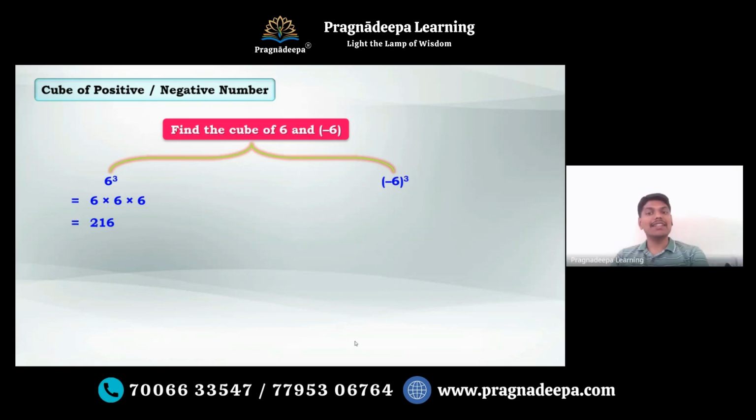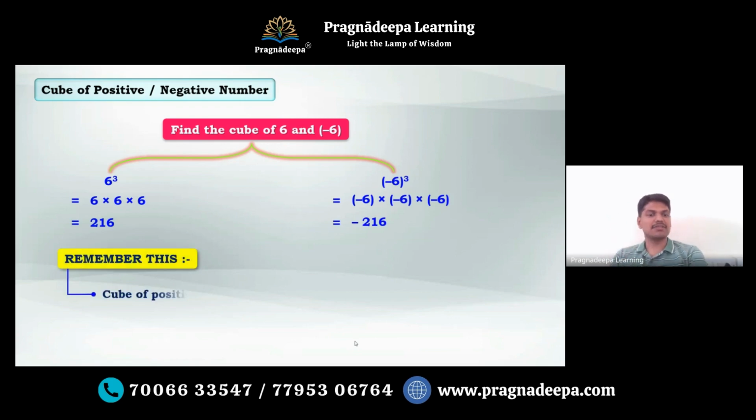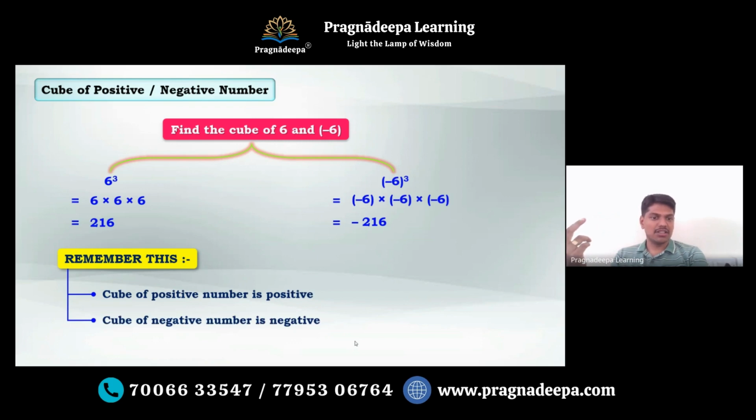How will we write minus 6 cube? Minus 6 into minus 6 into minus 6. It's minus 216. Perfect. So what is the observation? The cube of a positive number is always positive. The cube of a negative number is always negative. Correct?